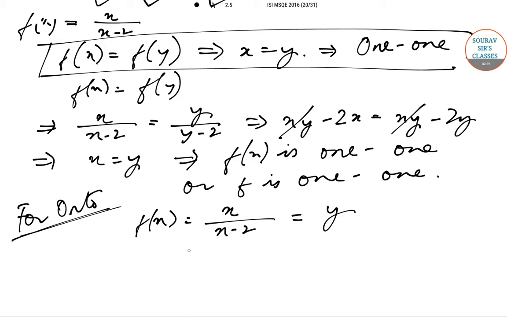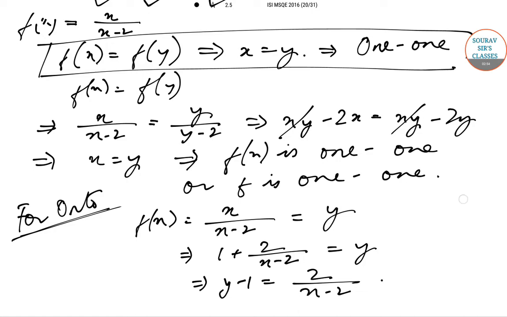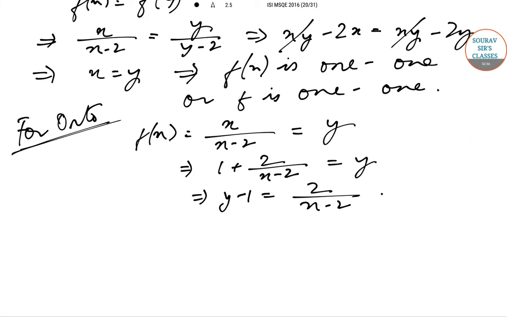y is in the range. Now x upon x minus 2 can be written as 1 plus 2 upon x minus 2, and this is equal to y. This gives us that y minus 1 is equal to 2 upon x minus 2. So this gives us that 2 upon y minus 1 is equal to x minus 2.